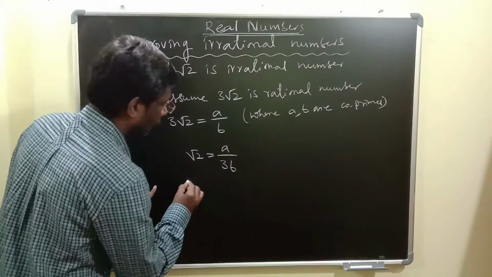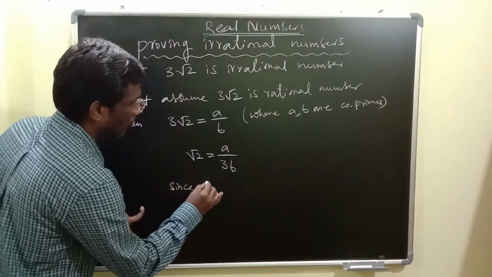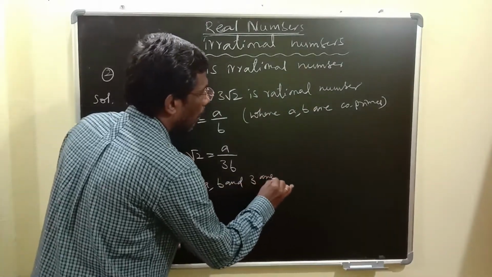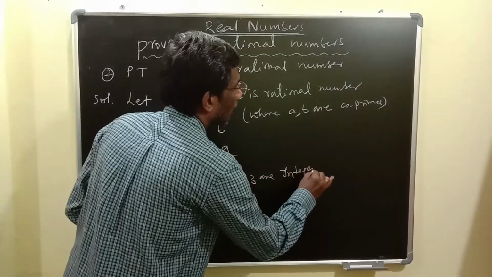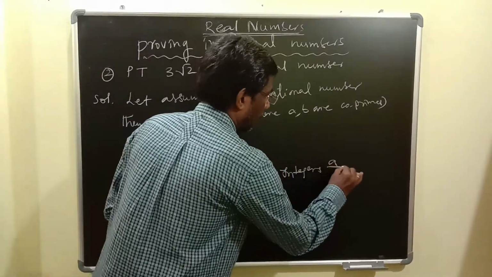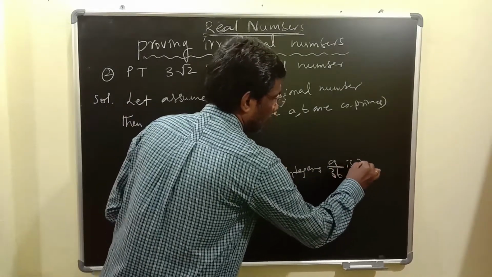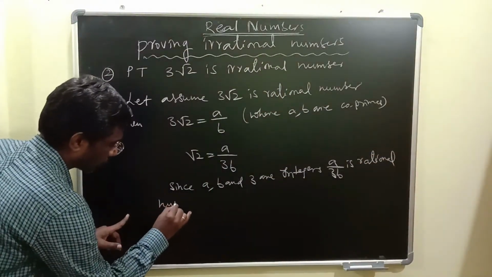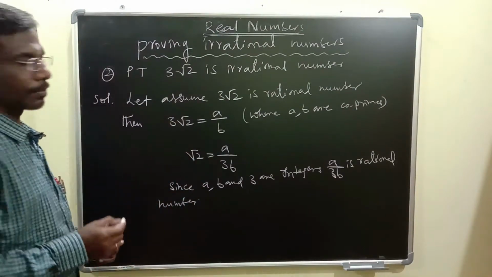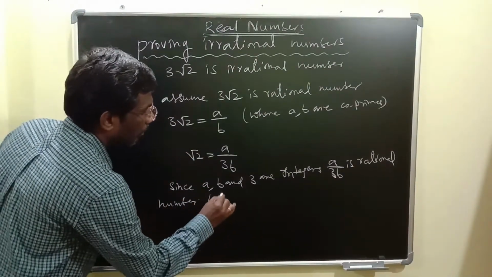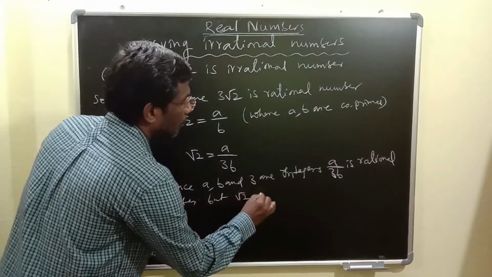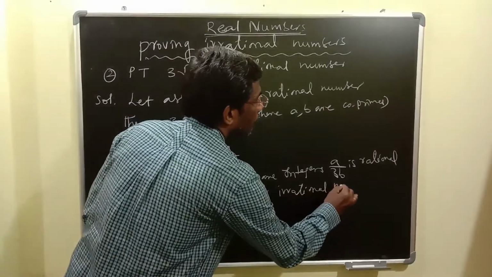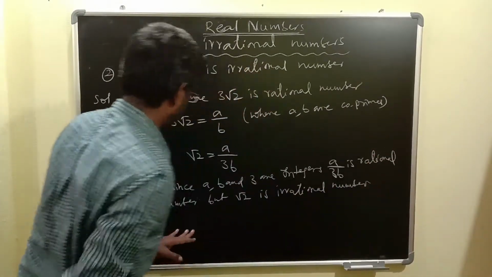Since A, B and 3 are integers, A by 3B is a rational number. But root 2 is an irrational number.